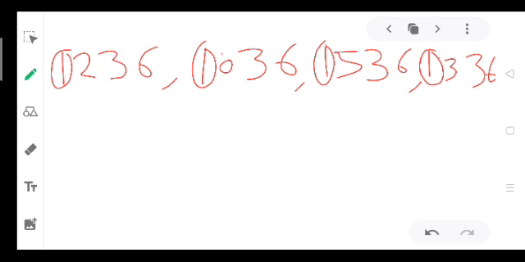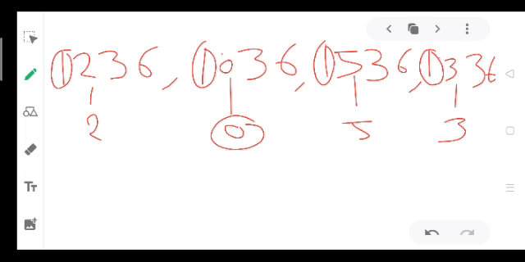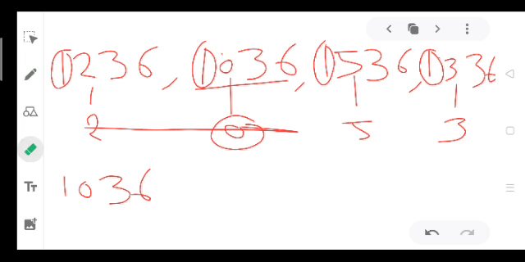So what do we have to do? We will check their 100 place digit. Here 200, 000, 500, 300. Which one is smallest? This one. So this number is smallest, 1036. We have written it very easily now. Clear?